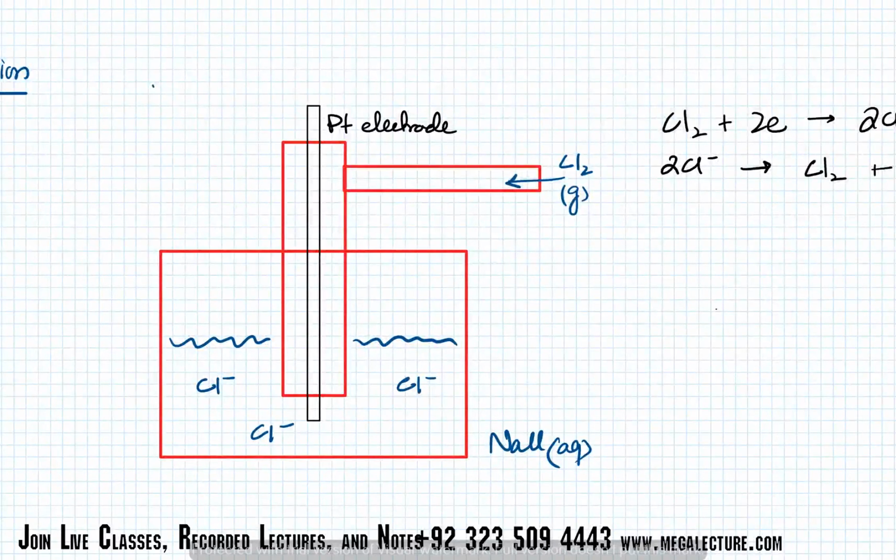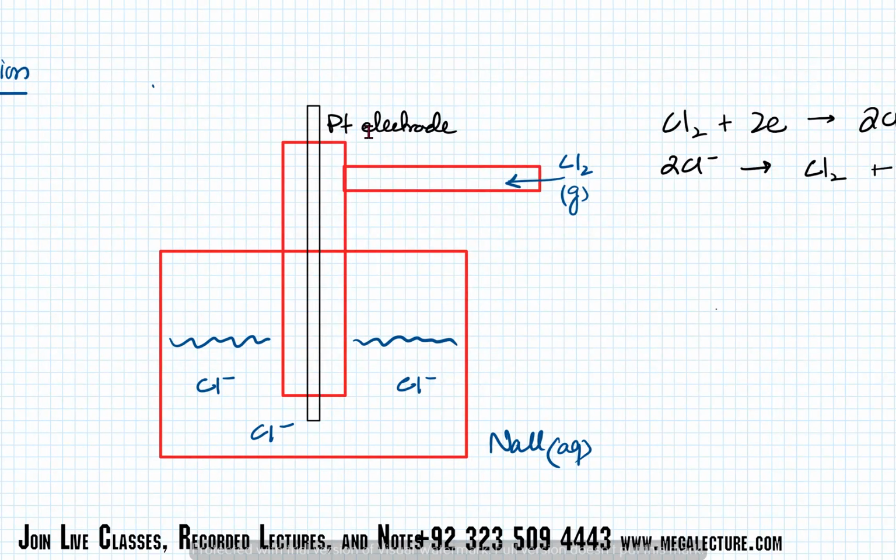It's got a delocalized electron cloud, so any potential that builds up will build up on the platinum electrode. If somebody wants to give it electrons, it will be able to give them. If somebody wants to take electrons from its electron cloud, they would be able to. So a potential would build up on the platinum electrode, right? Is that clear? What does the platinum electrode do?